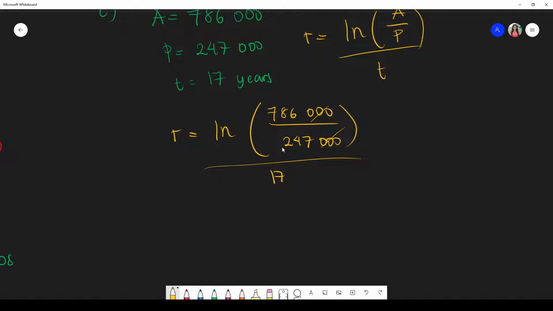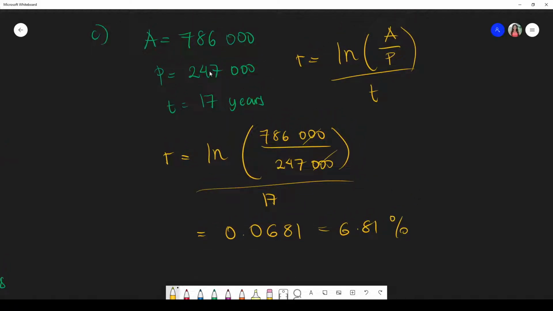So this would give us an answer of 0.0681. So this is the rate of the growth. We could have this as the final answer, that's totally okay. But if we want our final answer in percentage form, then this would give us 6.81% as the rate of the growth, given the values of A, P, and T.